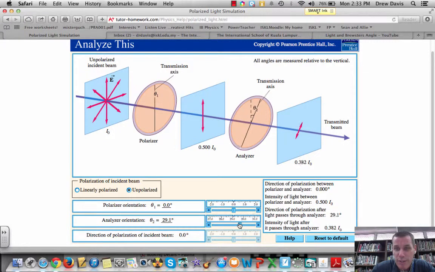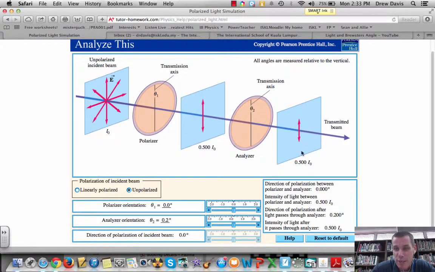For example, if the polarizer and the polarized light have the exact same angle, this 0 and this is 0, the light that comes through is 0.5, and if I change it, I can vary it accordingly as it goes. So 0.5 intensity here, 0.5 intensity here.